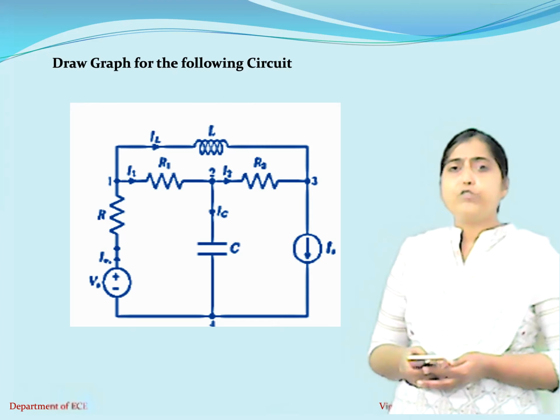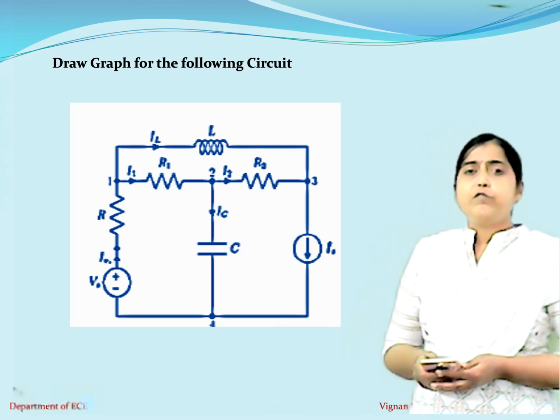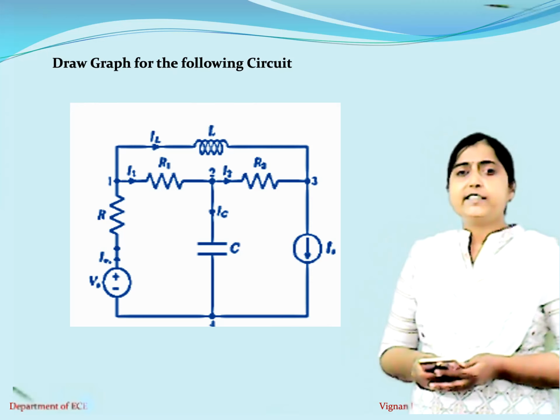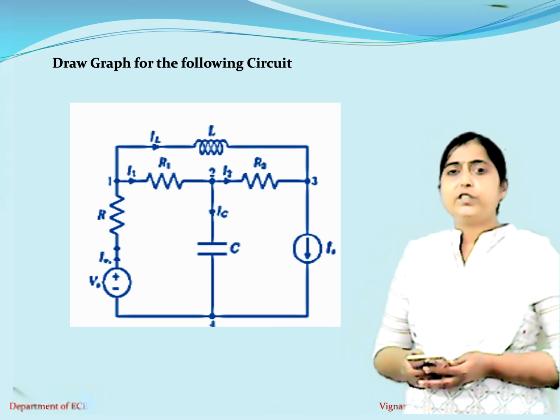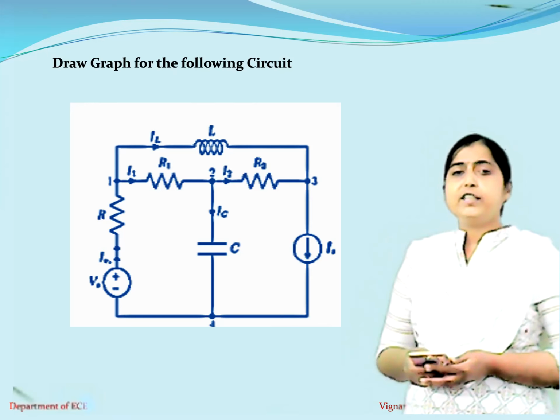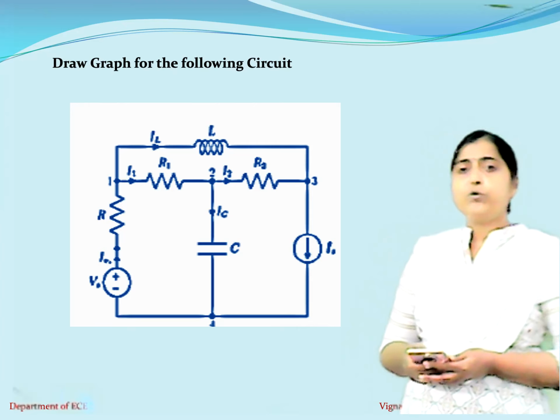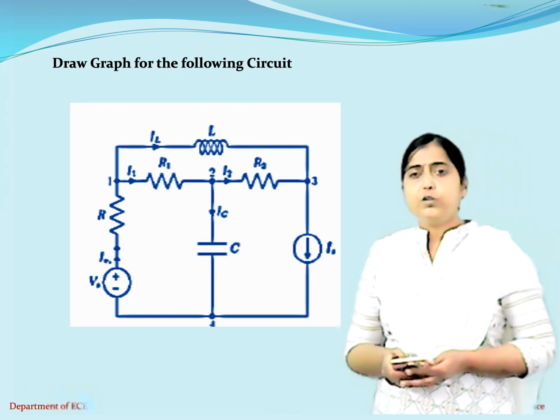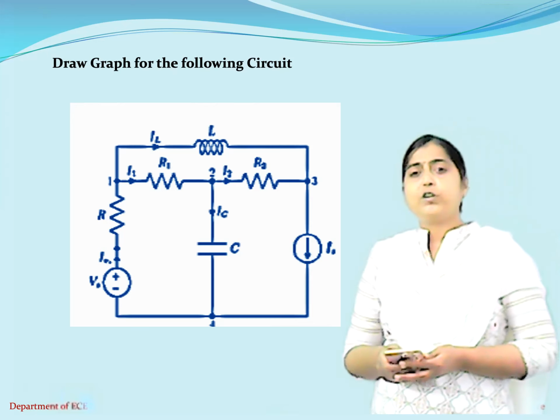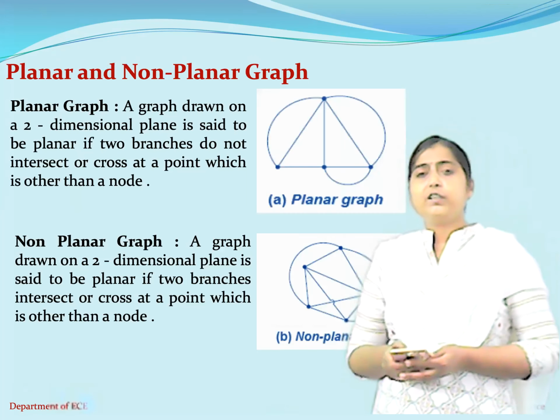There are a total of 4 nodes. Then first, before we draw the graph, let us assume the branch currents flowing through this. So branch currents, we are assuming here the current flowing from this voltage source as I1. Then once it comes, it divides between this branch and this branch. So similarly you assume the branch currents. After that you know how to draw the graph. So all of you, let us try how to draw the graph for this particular diagram.